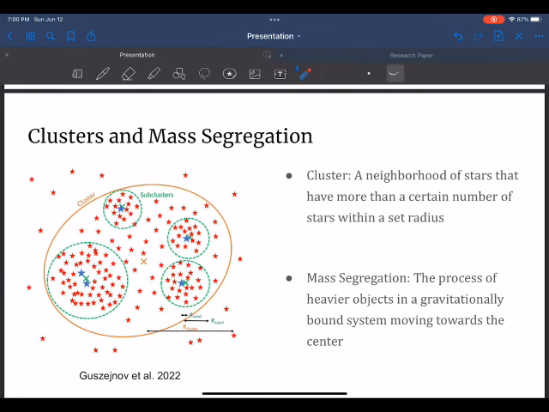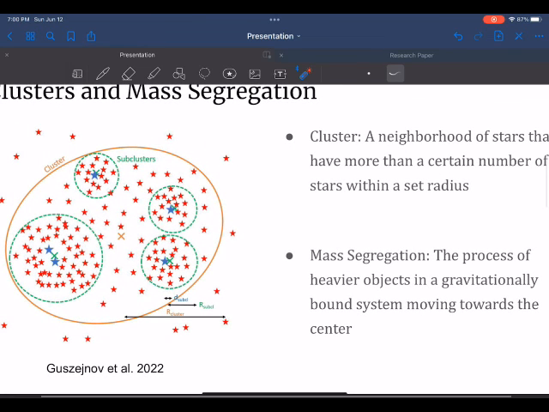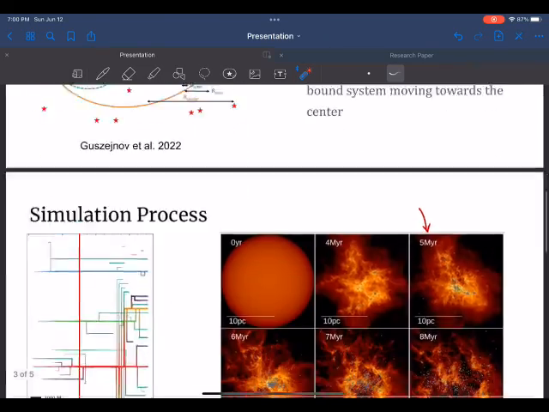However, if you look at the cluster as a whole, the blue stars are not centralized, so it is not strictly mass segregated. But with the definition from this project's researchers, we can find that the giant cluster is still mass segregated. It was mass segregated from the very beginning because, as you remember, the mass segregation definition is where the heavier stars and the lighter stars move in different ways, and it is very obvious from this diagram that they do.